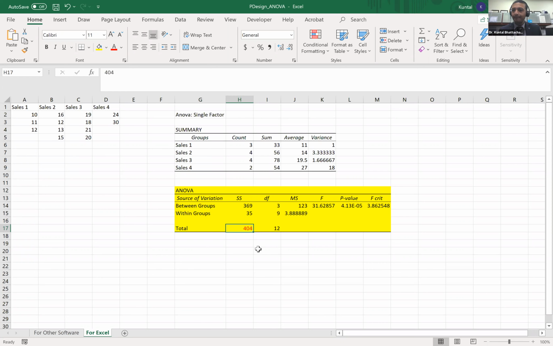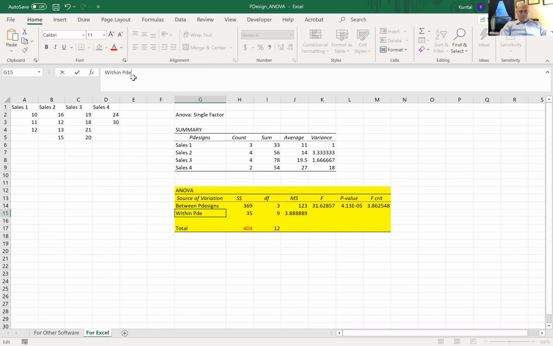Now, there are two parts to it. One says between groups, and in this case, the groups are essentially your package designs, right? So you can basically rename this as between package designs and within package designs.